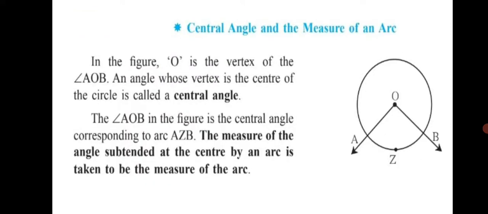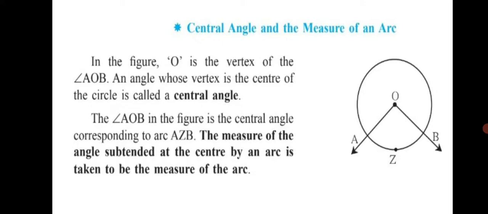Let's learn more about central angle and the measure of an arc. In the figure, O is the vertex of angle AOB. An angle whose vertex is the center of the circle is called a central angle. So the angle AOB is the central angle which is corresponding to the arc AZB.